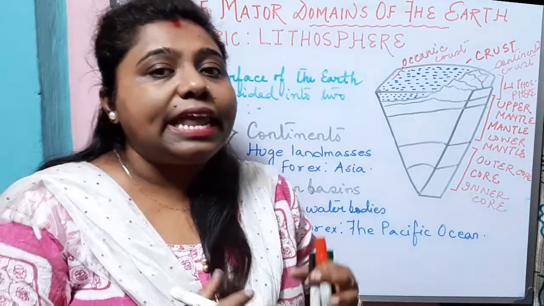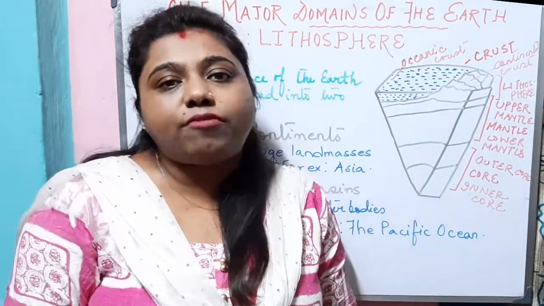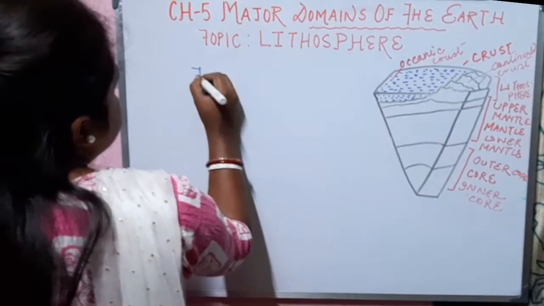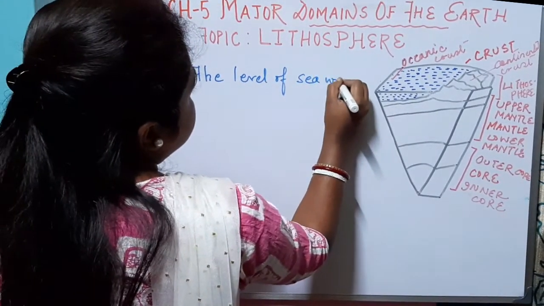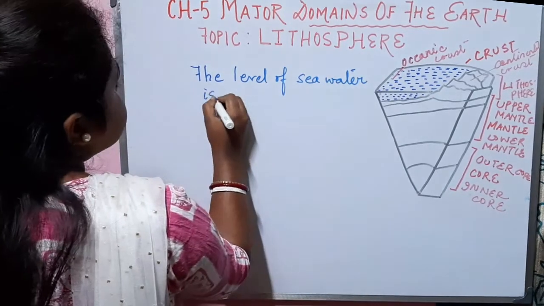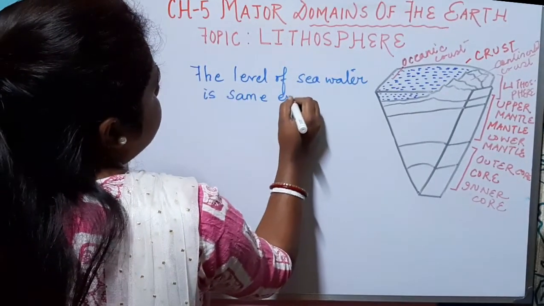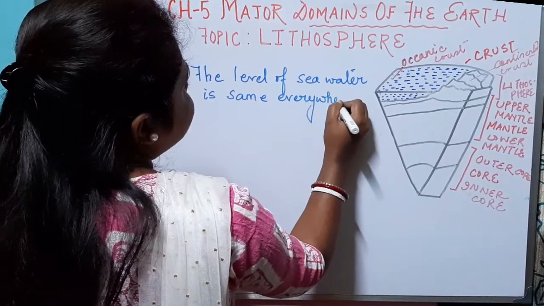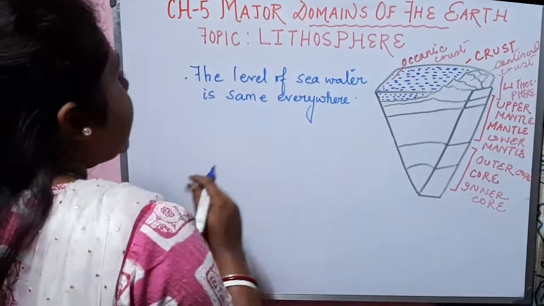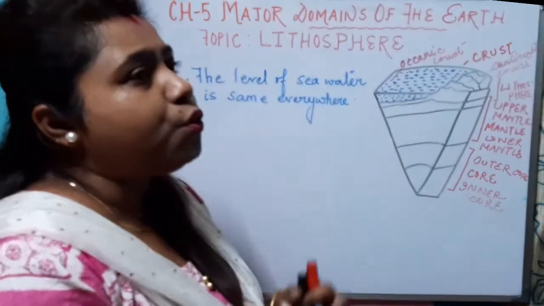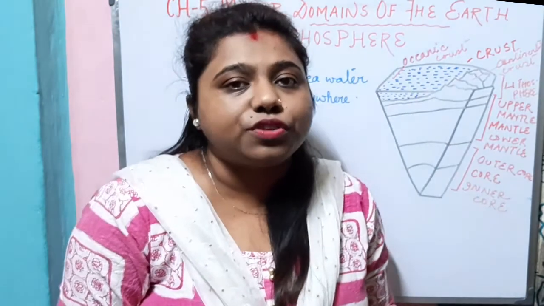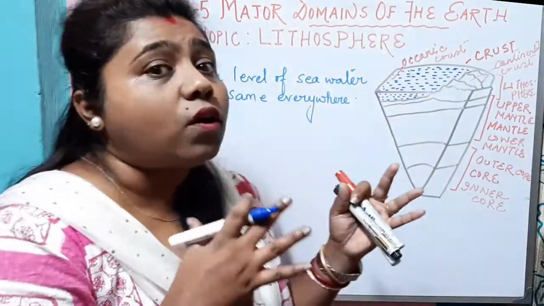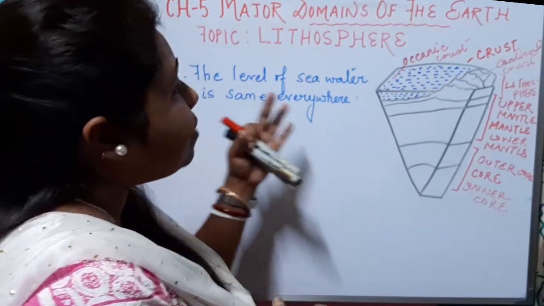Now we will see that the level of sea water is the same everywhere. Now let us find out why it is so. Will you see that in the Pacific Ocean the level of sea water is more, and as you go to the Atlantic Ocean the level of sea water is less, or in the Indian Ocean the level of sea water is less? No, the level of sea water is constant, or we can say that it is the same everywhere.